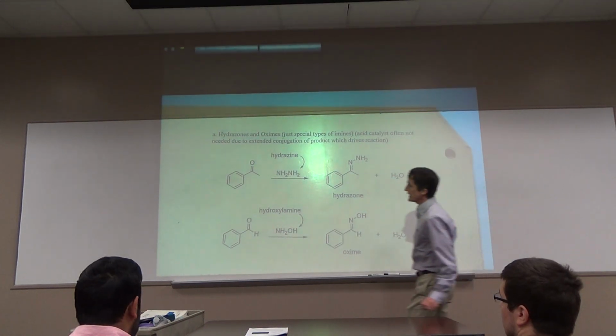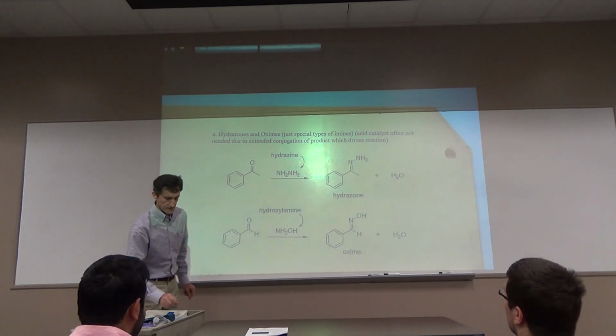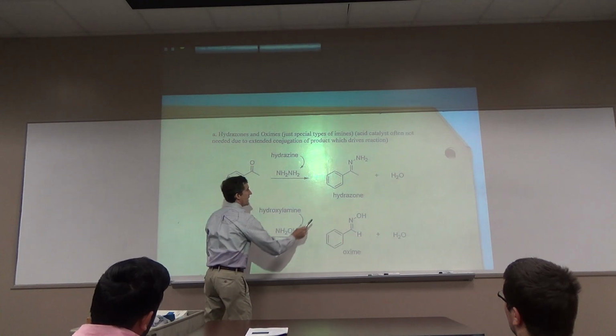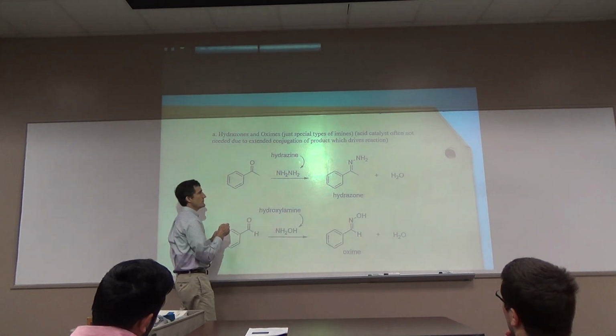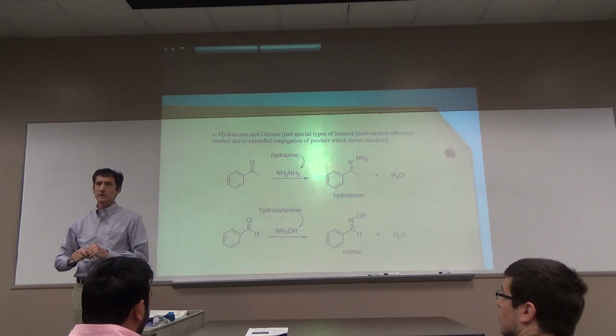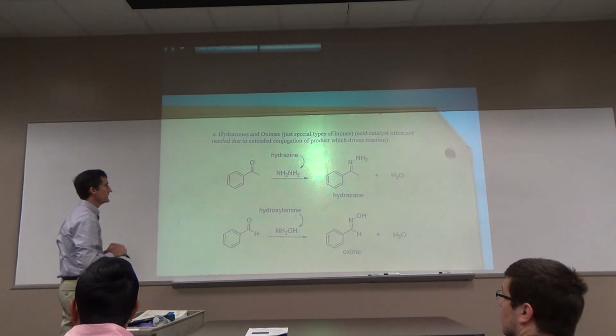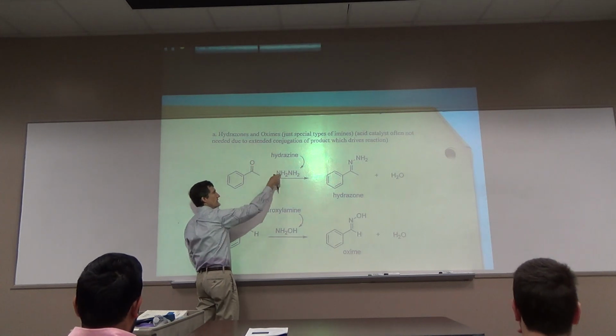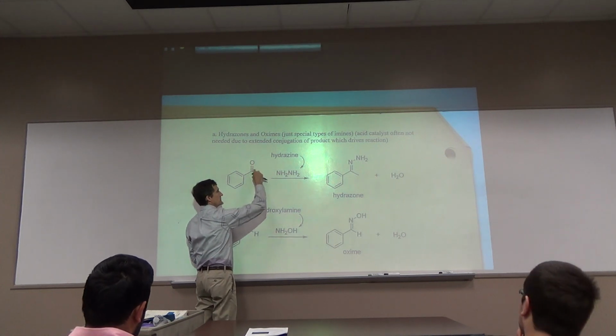Okay, there's a couple of special types of imines. Hydrazones and oximes. A hydrazone is where you make an imine using hydrazine. Hydrazine: two nitrogens bonded together. When hydrazine reacts with an aldehyde or ketone, only one amine reacts.